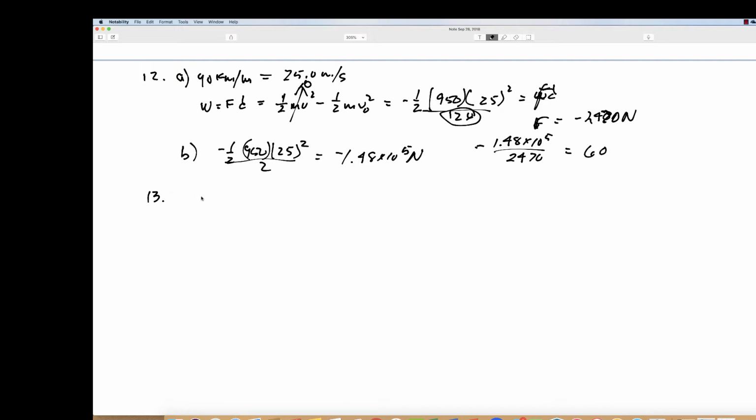And we do this exactly the same way as the previous. We take the net work performed, and that's going to equal the final kinetic energy minus the initial kinetic energy.